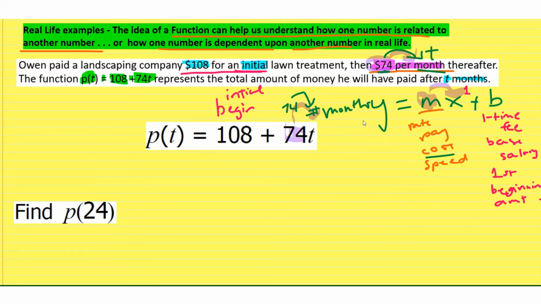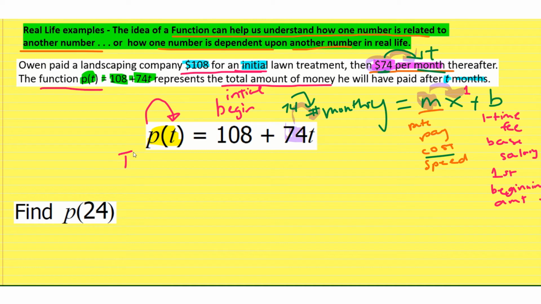So the other thing that we need to understand about this idea of a function, this function notation, is the fact that it says that this P is dependent upon the T. Well, in our word problem, again, it says that the function represents the total amount of money.